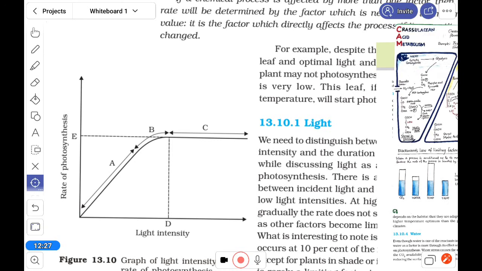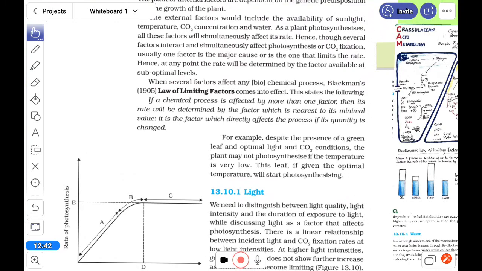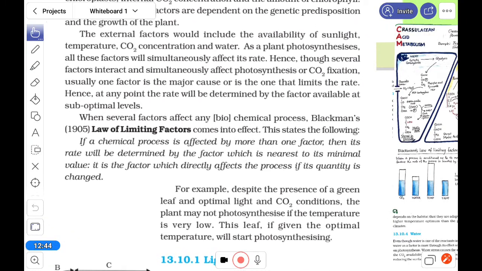About carbon dioxide, we know that the concentration should be 50 ppm. Temperature: it is an enzymatic reaction, so an optimum temperature should be there. Now, here is one important thing to understand. When several factors affect any biochemical process, Blackman's law of limiting factors comes into effect.